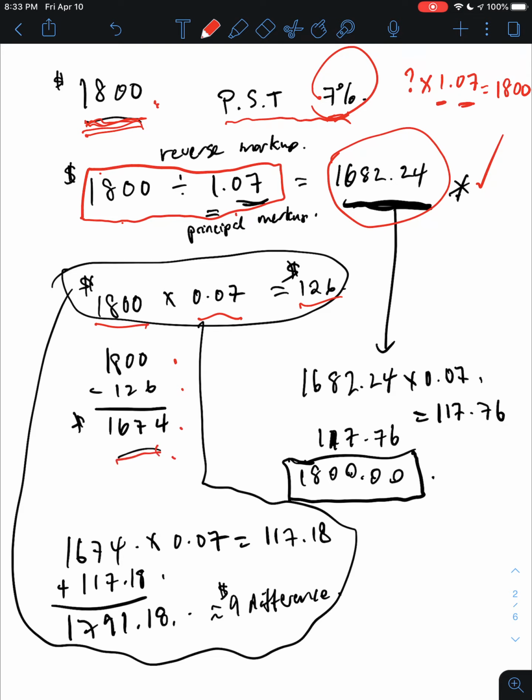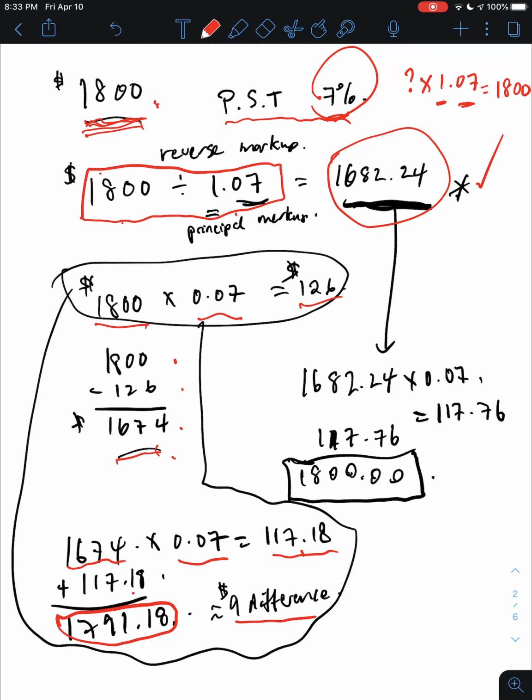I take 1674 and find the 7% tax, which is $117.18. I add that onto the 1674, and I get 1791.18, which is short of the $1,800. There's a $9 difference. So this isn't the right way to do the calculation, even though this is the way most people would do it.